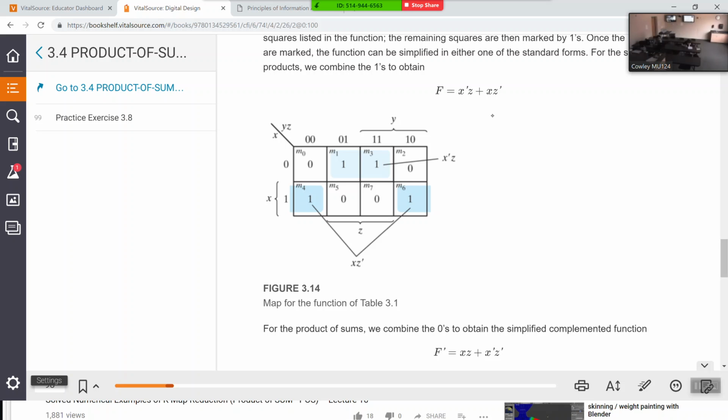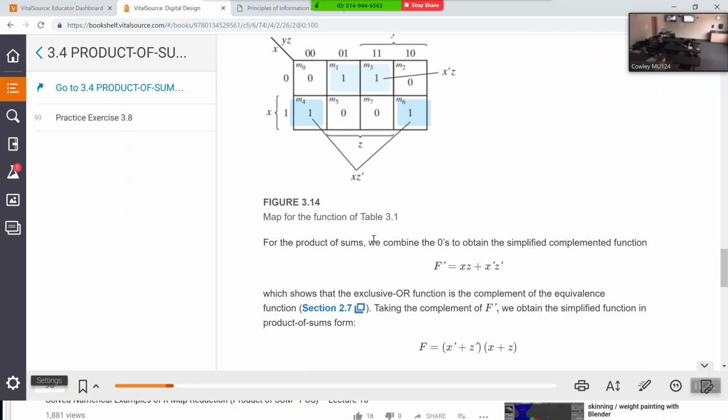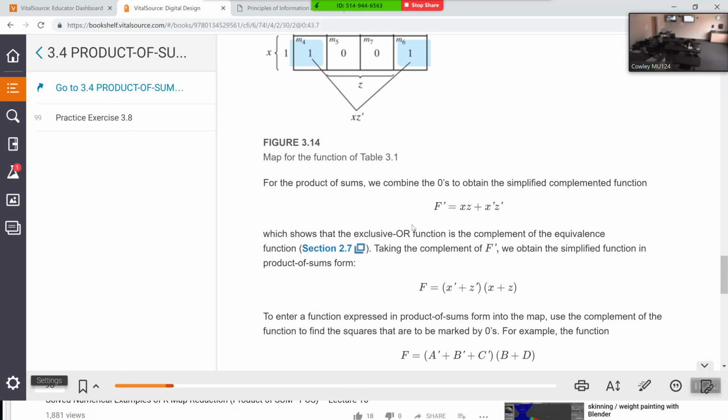Now, when you look at this one and this one, would you necessarily think that they look like complements to you, the f and f prime? Not necessarily, right? I mean, they are complements based upon the table there. But then you come down here, after you look at just the zeros and come up with that mapping.